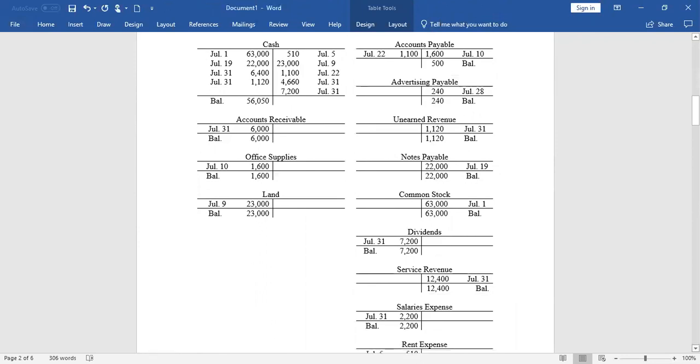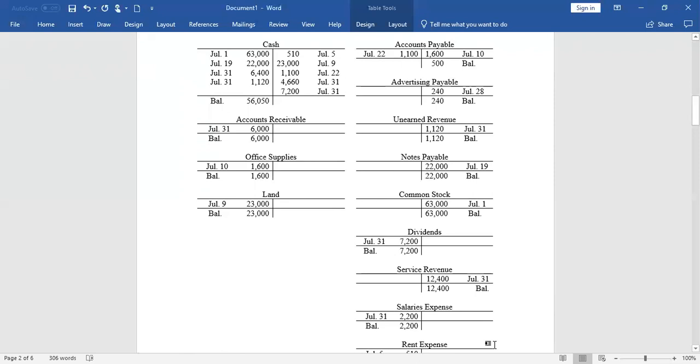Now, your author in the answer key used dates as a reference. I like to use my reference letters. So either one will do the trick, just as long as you reference the dollar amount in the general ledger and you determine a balance in each account. So let's go through.